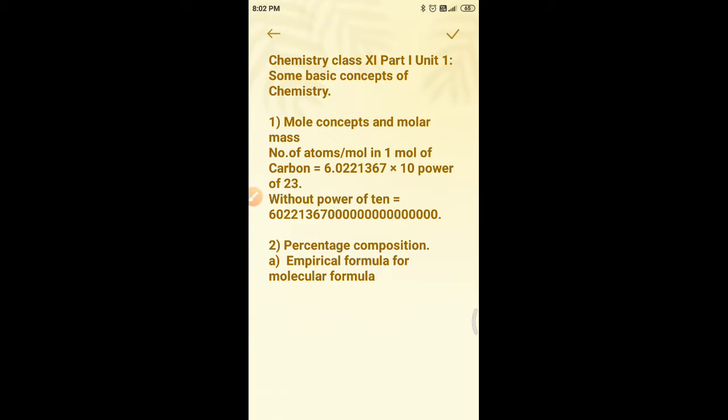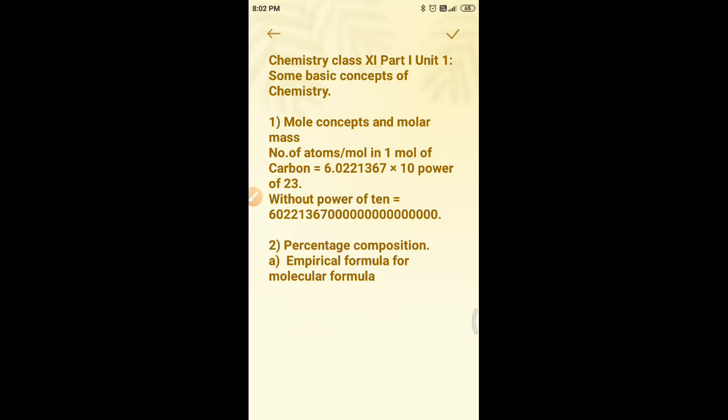To determine this number precisely, the mass of a carbon-12 atom was determined by a mass spectrometer and found to be equal to 1.992648 × 10^-23 gram. So 1.992648 × 10^-23 gram is the mass of the carbon-12 atom.